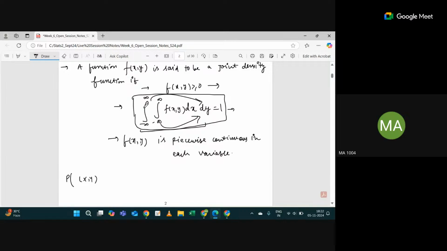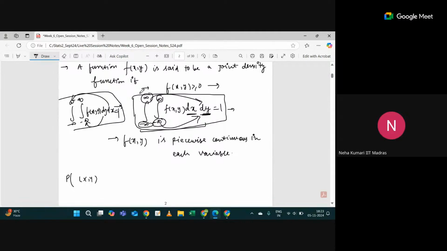You can do the reverse order also, f(x,y) first dy then dx, but anyway you have to integrate with respect to x as well as with respect to y. The only thing to keep in mind: if you are writing dx, then those limits should be for x, and if you are writing dy, then those limits will be for y.